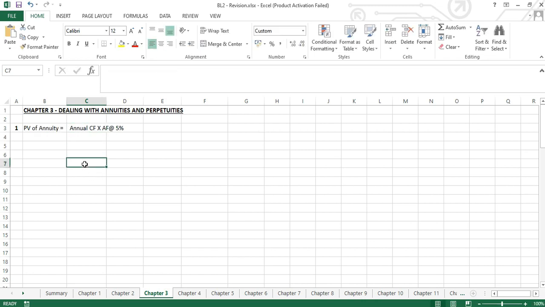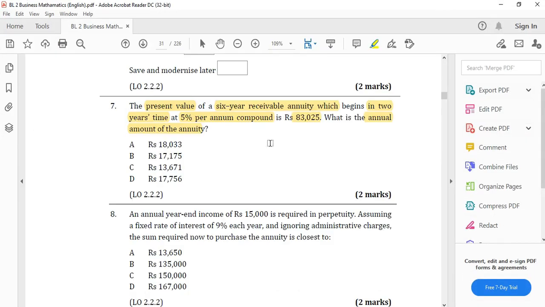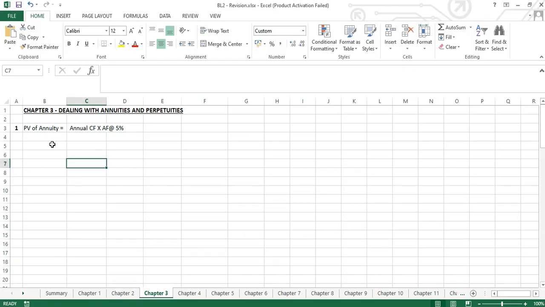Fine. So they want us to find the annual cash flow, and they've given the year from which the annuity starts. It starts in 2 years' time, which means it starts in the second year. So if you draw a year map, we'll take 0, 1, 2 and go up to how many years? 6-year receivable.